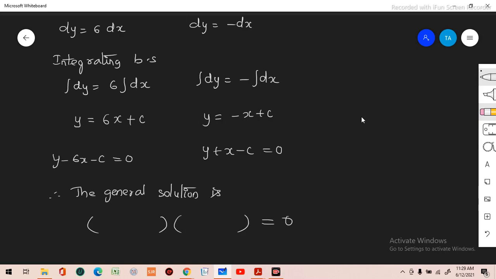We wrote 1 here first in this part. So I am writing y minus 6x minus c. Second one, y plus x minus c. This will be your answer. Is it fine, guys? Yes, sir. Is the method understood? We will solve the second problem now.